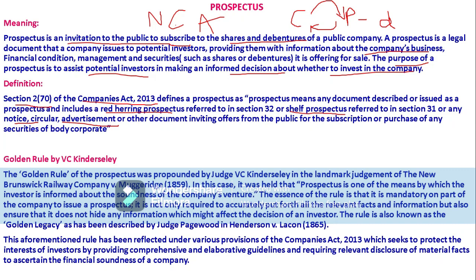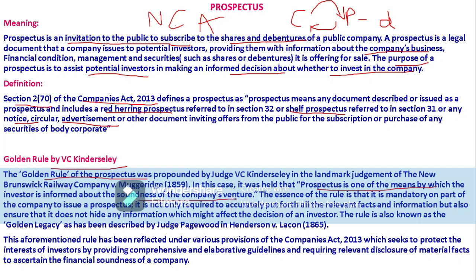Okay, so let us see the golden rule by Kindersley. What does it mean? The golden rule of the prospectus was proposed by Kindersley in a case. In that case he held in the judgment that the prospectus is one of the means by which the investor is informed about the soundness of the company.